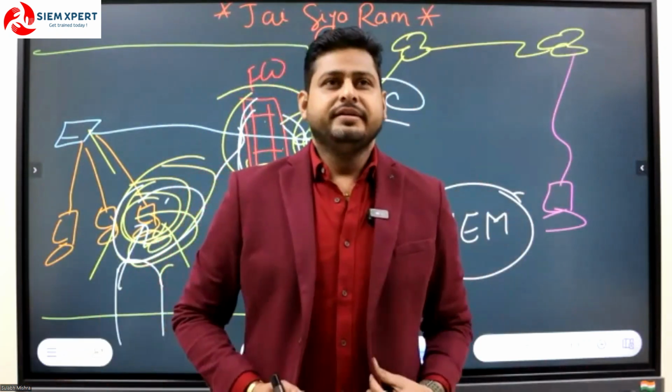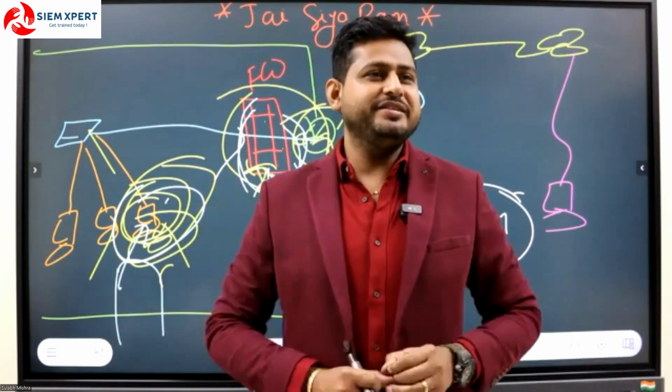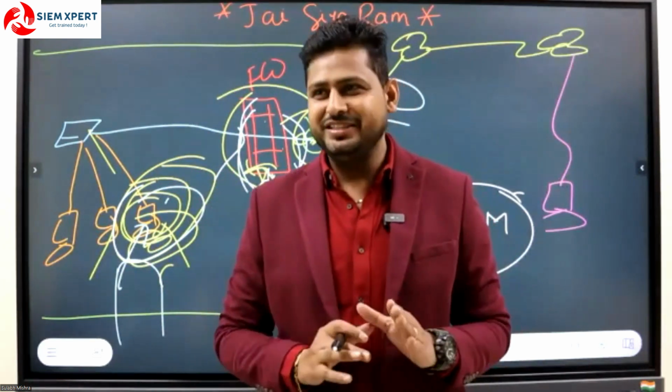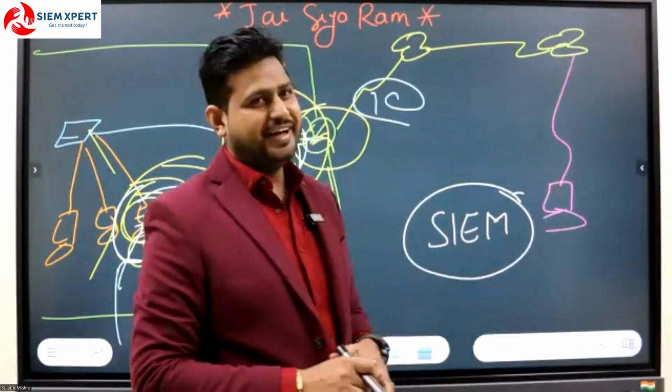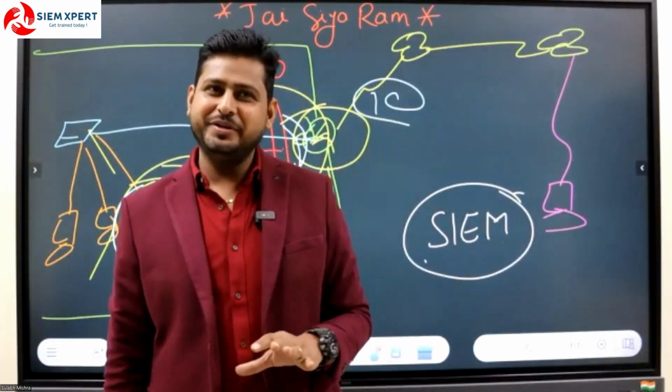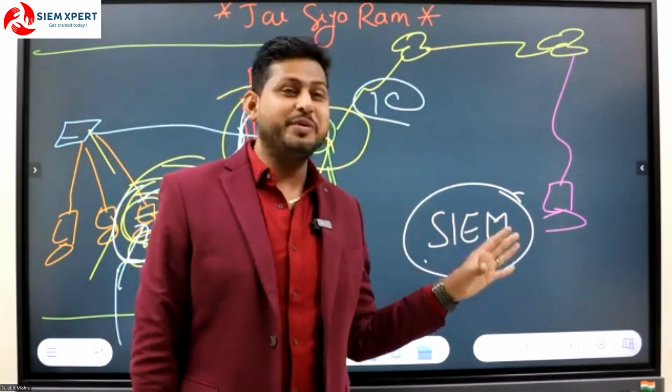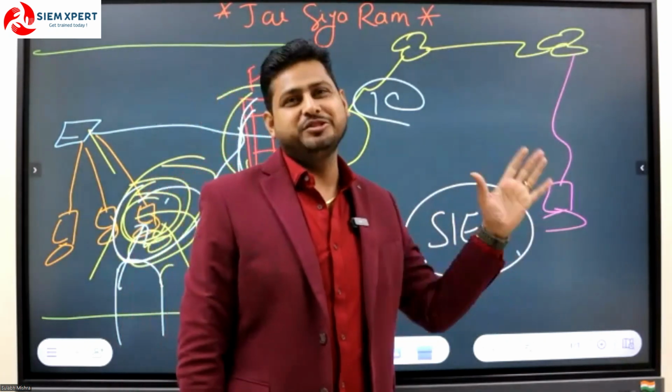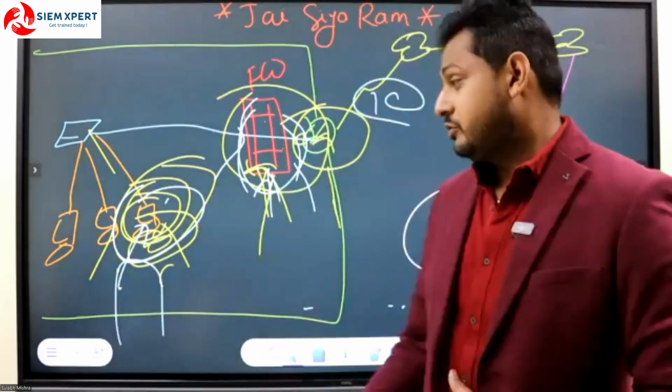Security Information and Event Management. SIEM, SIM. SIM stands for Security Information and Event Management, right? It will have security information and event and management. It does the management. So this is a technology.